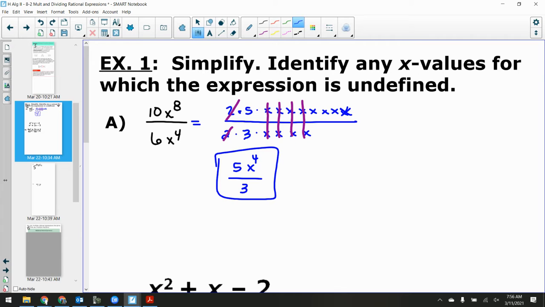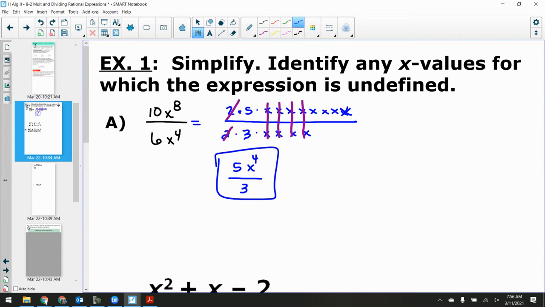Now, I know in your brains you're doing something different. You're saying, okay, 10/6 reduces down into 5/3 because both of them divide by 2. X to the 8th over x to the 4th, 8 minus 4 is 4, and that's where I get the x to the 4th in the numerator. Yeah, that's great. But what I want to show you is, why is that happening? That's happening because you can cancel out a common factor of 2 and cancel out 4 common factors of x's. And then you'll leave an x to the 4th in the numerator.